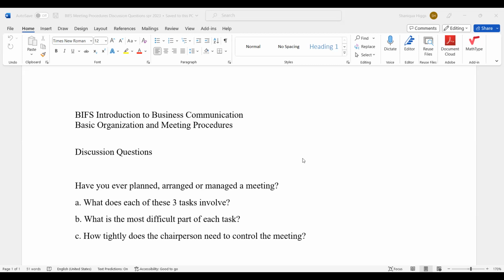You have 8 or 9 different people speaking. It is your job as the chair to keep them within the limits of the time they've been given, to make sure that in an hour, people really are ready to leave the meeting because they have other commitments that day. Okay, so the amount of control depends on the nature or the purpose of the meeting.